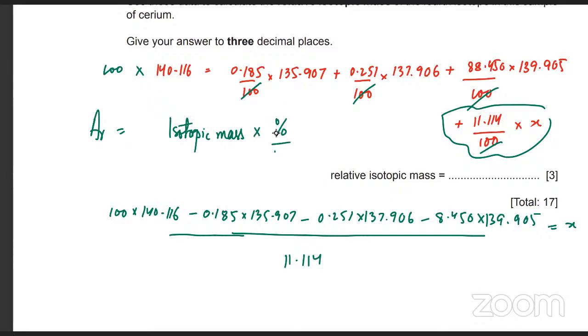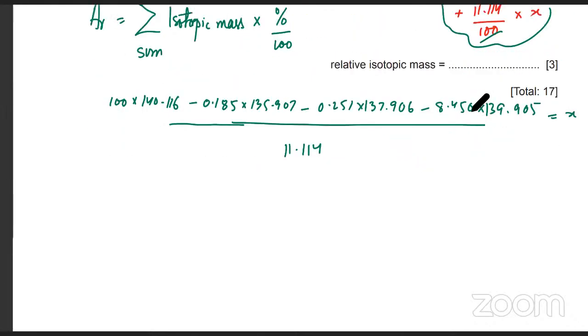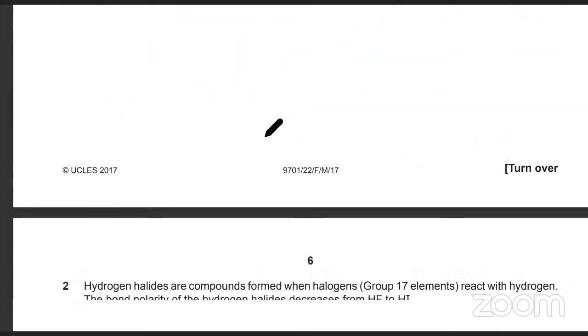So you can take the percentage divided by 100 and you keep summing this up. This is exactly what we did over here as well. We took the isotopic mass and multiplied it by the percentage, and one of them was X, the unknown. So you were able to find that. You can do the math and find what the answer is.